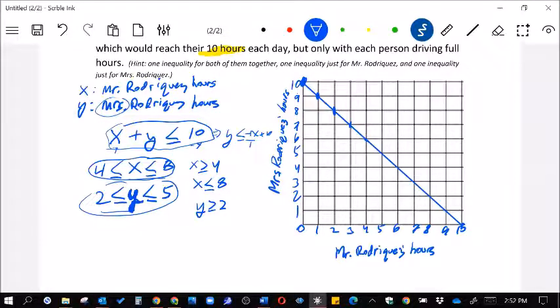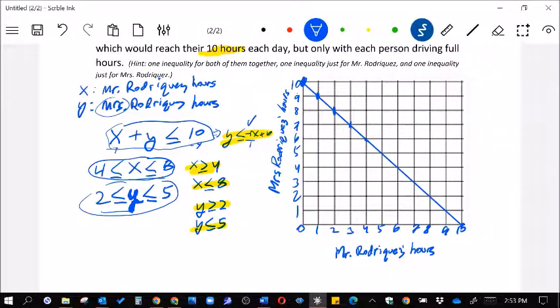So let's fix that. If you had the x incorrectly, please put the y. Now I have y greater than or equal to 2 and less than or equal to 5. So we actually have 5 different ones that we're going to do. We just did one of these, so this one's done. Now I'm going to do the other 2.